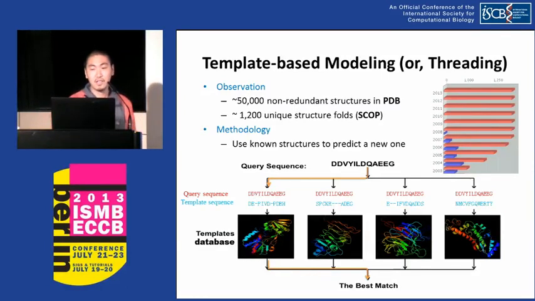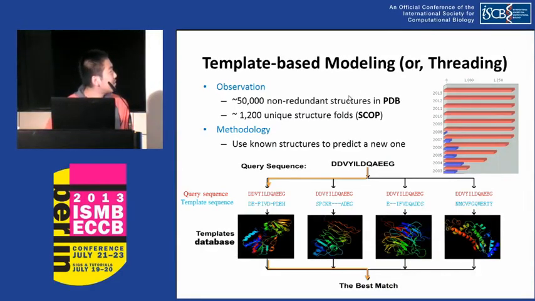Currently, template-based modeling is the mainstream approach in protein structure prediction. This is because of the observation that although we have around 50,000 non-redundant proteins in PDB, we have only about 1,200 unique structures in SCOP. And you see from these figures from recent years, the number of new folds has not appeared a lot.